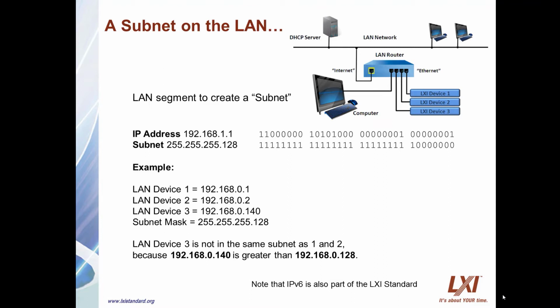If you added LXI device 3, which had a static IP address outside the range of the subnet mask, you would not have proper communication between the computer and that device, since its IP address is 140, outside the range of 1 to 128. Note here that the LXI specification also includes IPv6 as an optional protocol for devices. That specifies a protocol outside the range of this presentation, however.